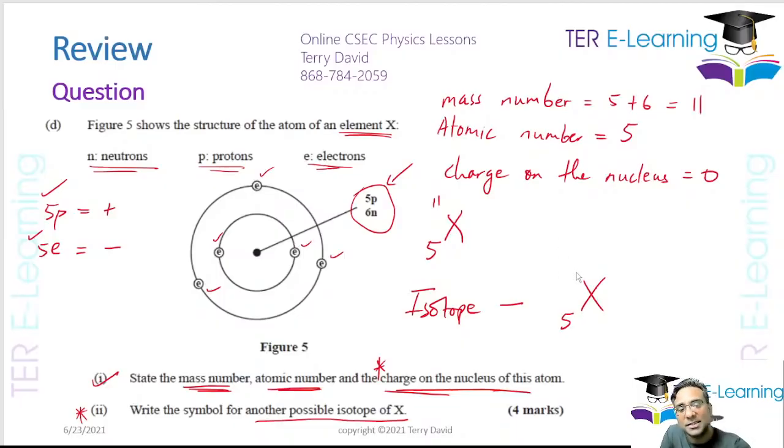Either you increase the mass number or you decrease it. So this could be 12, or I can do something like this, X 10, 5. These are possible isotopes. They have the same atomic number but different mass numbers.